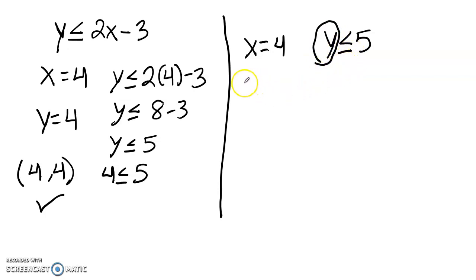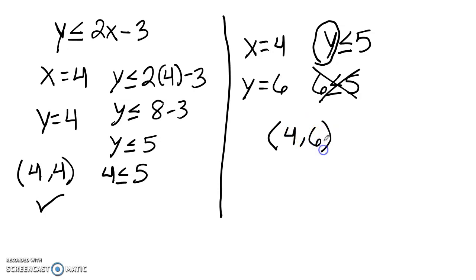So let's say that y is going to be equal to 6, because 6 is not less than or equal to 5. This is not a solution that satisfies. So the point (4, 6) is not a solution.